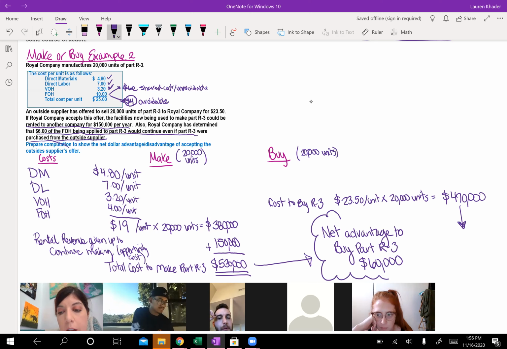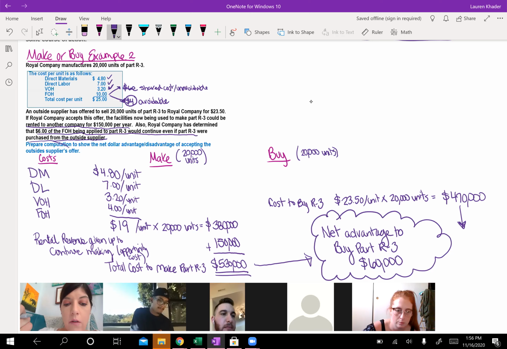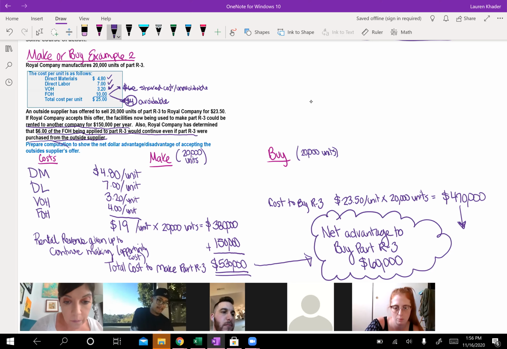Because they have that potential revenue they can earn if they outsource it, even though they can make it technically cheaper in-house per unit, once you incorporate that lost revenue, the advantage is to buy it and outsource, so they can increase their bottom line by $60,000. So they should buy it from another company. Yep, they should absolutely buy it.